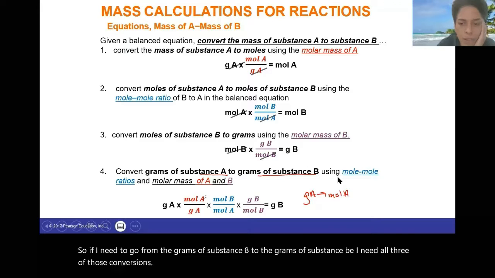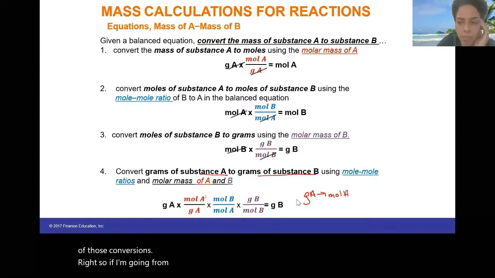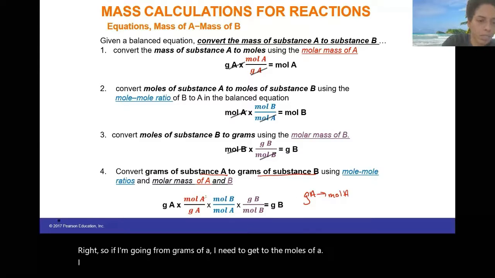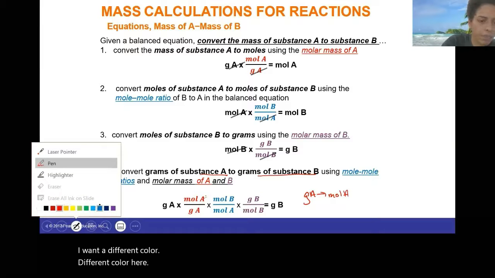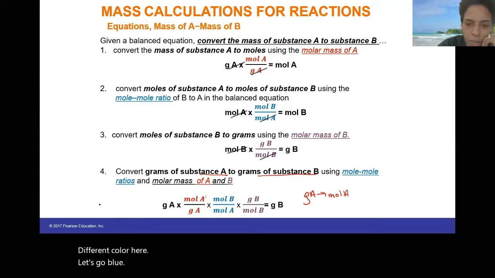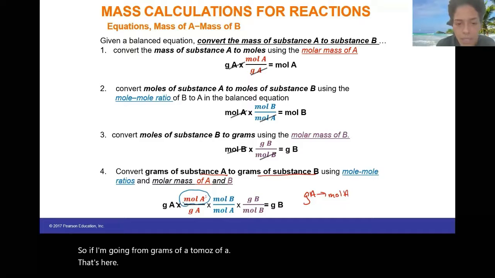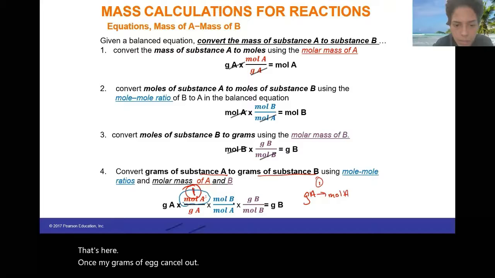So if I'm going from grams of A, I need to get to the moles of A. Let's go blue. So if I'm going from grams of A to moles of A, that's here. Once my grams of A cancel out, right?